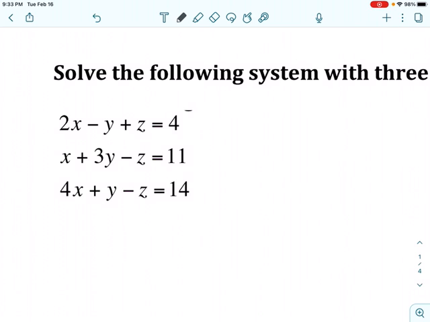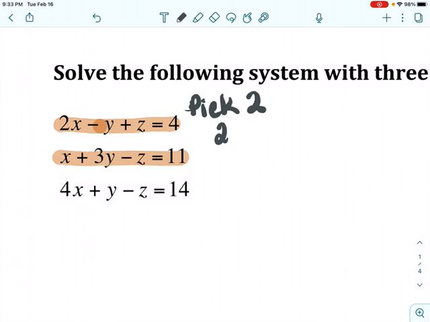So here's what we're going to do. We're going to pick two equations and get rid of a variable. It doesn't really matter which two, but you want to make it as easy as possible. I'm going to pick the first one and the second one, and I'm going to get rid of z because one's positive, one's negative.